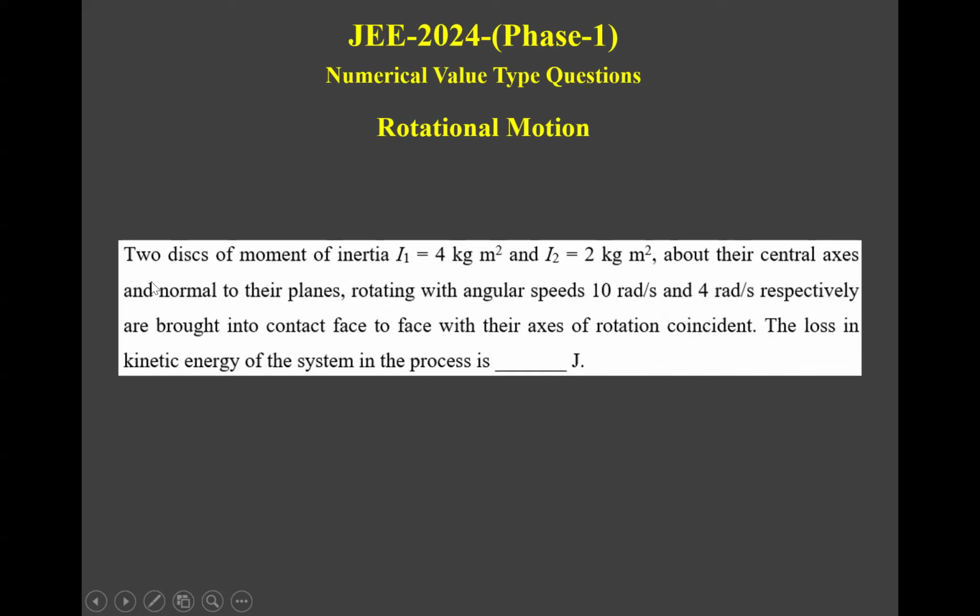The question is, two disks of moment of inertia I1 equal to 4 kilogram meter square and I2 equal to 2 kilogram meter square about their central axis and normal to their planes, rotating with angular speeds 10 radian per second and 4 radian per second respectively, are brought into contact face to face with their axis of rotation coincident. The loss in kinetic energy of the system in process is how much joule?